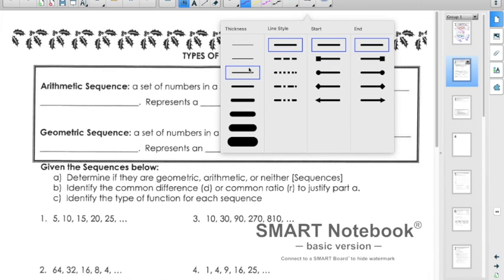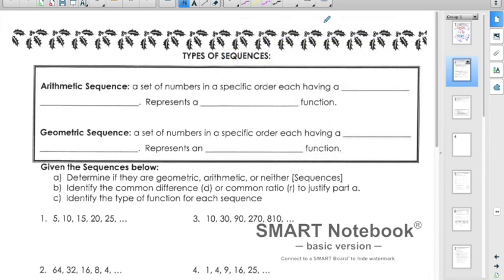So, arithmetic sequence. An arithmetic sequence is a specific order, each having a common difference. Right? Arithmetic has a common difference. And again, it represents a linear function. Arithmetic sequences represent linear functions.